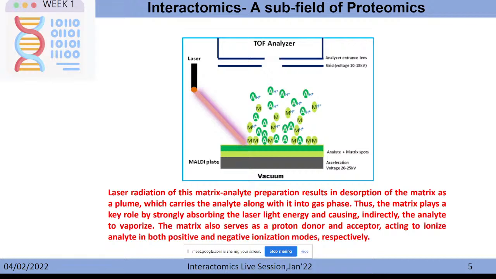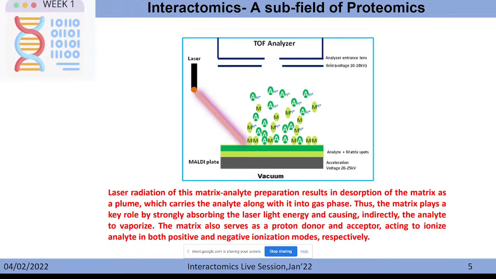By absorbing the laser light energy, the analyte vaporizes. The matrix acts as a proton donor and acceptor, and this helps you ionize in both the positive and the negative ionization modes. So this way the compounds get ionized.